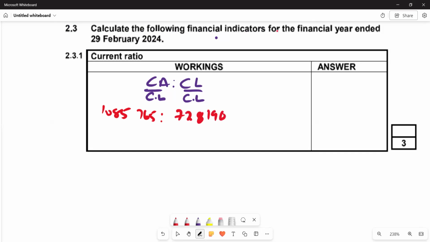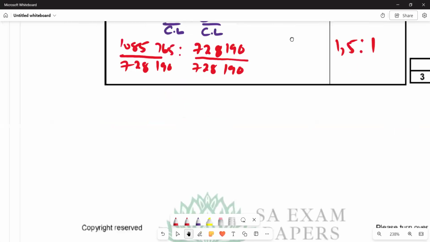So basically, we are going to divide by the figure for current liabilities both sides, whereby saying 728,190. Do the same thing here, 728,190. And then our answer is going to remain at one decimal place, 1.5 is to 1. So exactly, this is how we are going to calculate this one.